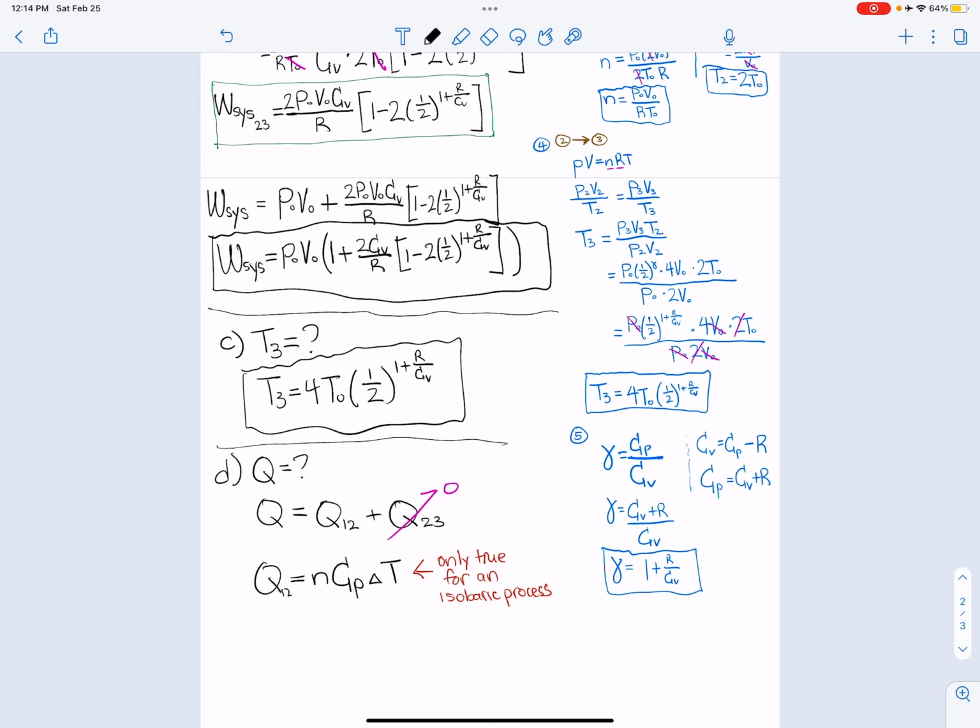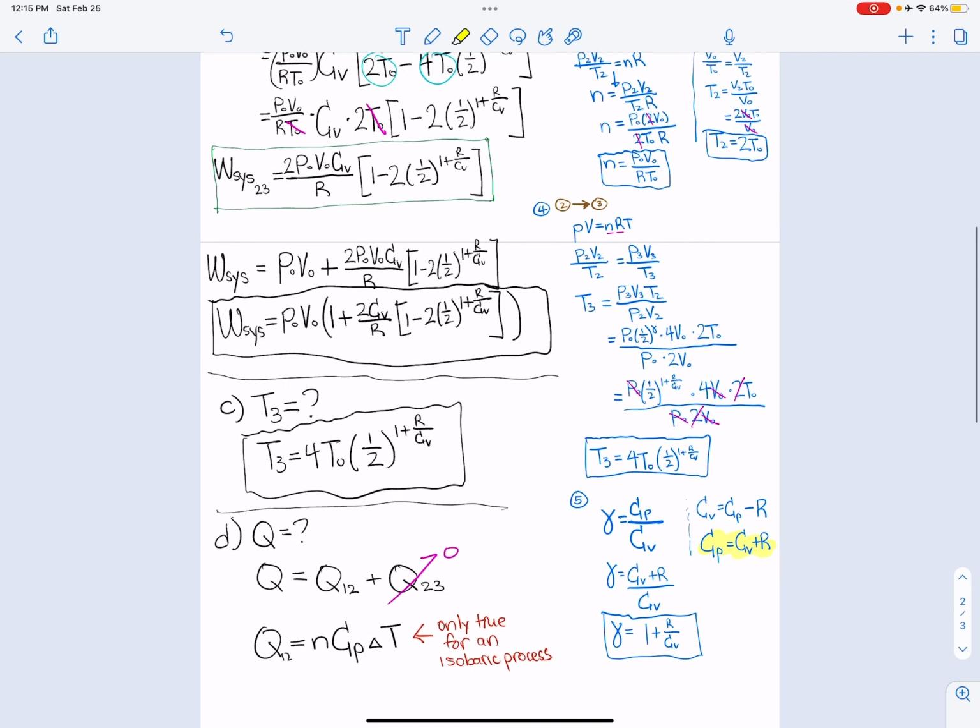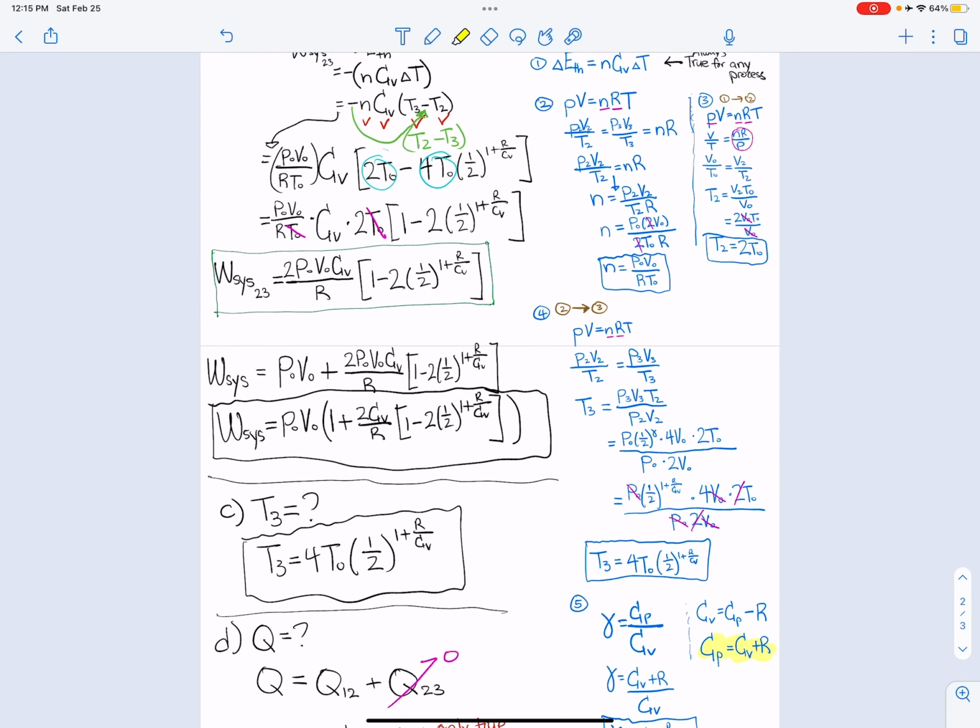Again, we can't use Cp because that wasn't given to us. So let's look for Cp in terms of CV and R, which we did in side mission number 5. And we can't use N because that wasn't given to us, but similar to side mission number 2, we could find N in terms of P naught, V naught, and T naught, because this was the value for N in state 2.